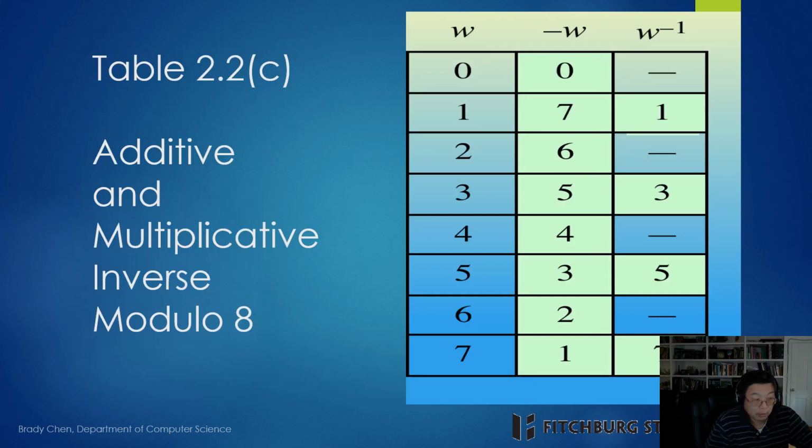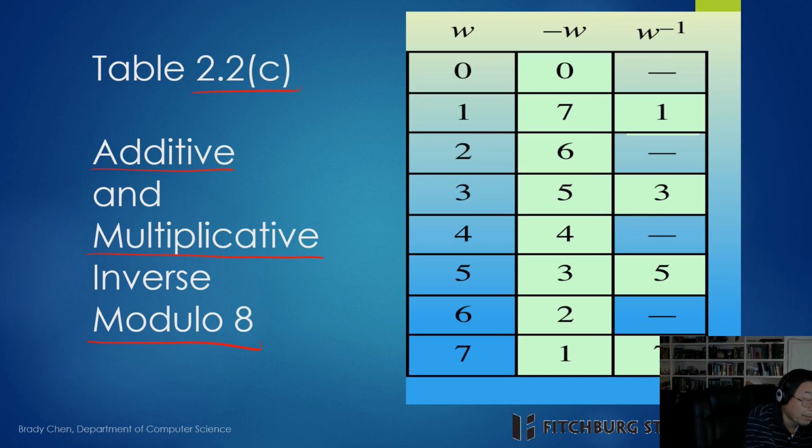So let's take a look at this table, table 2.2c. It shows the additive and multiplicative inverse modulo 8.